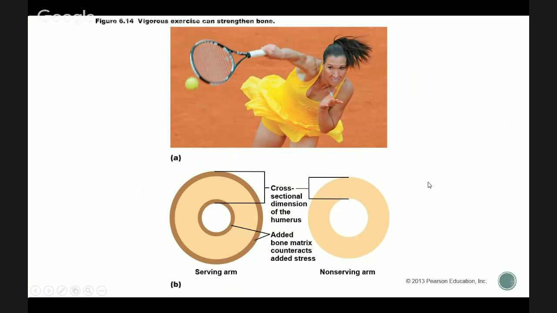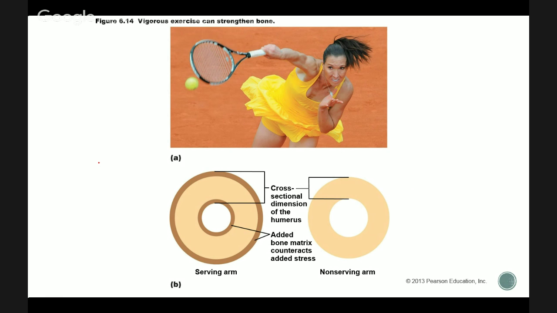So the rule of thumb, and what you'll see in bone, is that bone will grow in thickness and add more bone to itself when you place higher tensile strengths upon that bone. So they're giving you the example here of a tennis player. She's right-handed in this case, and she uses her arm for serving the tennis ball and returning the volleys and so forth.